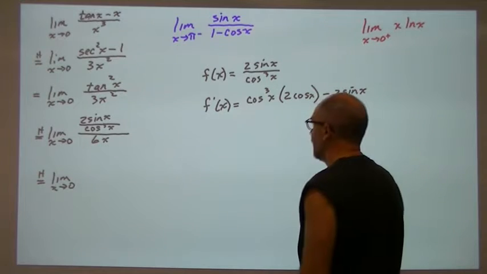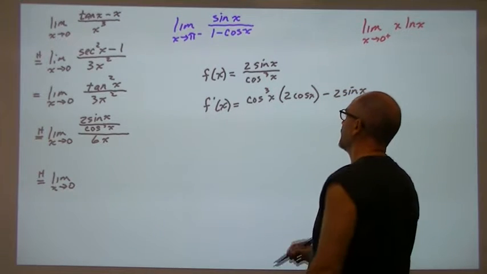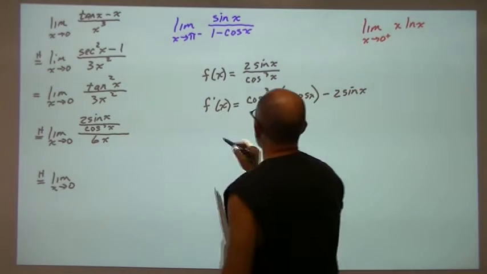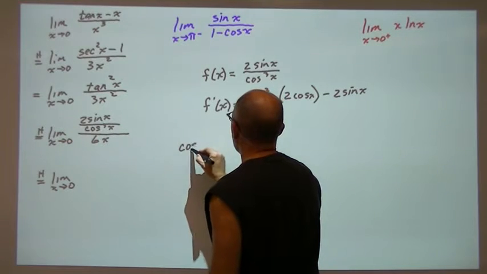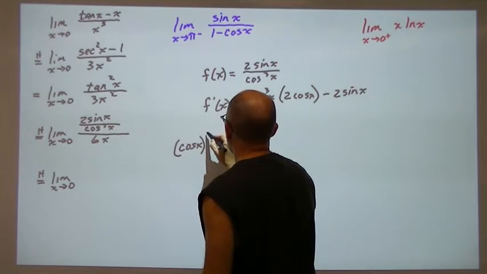Oh man, the derivative of cosine cubed. All right, we got to do this. So cosine x cubed.